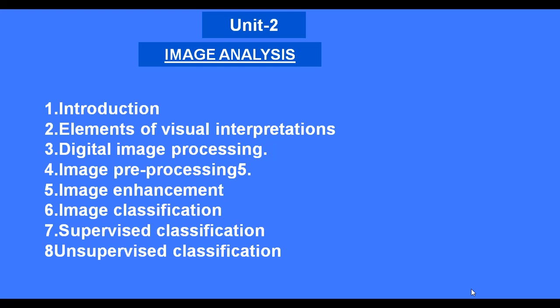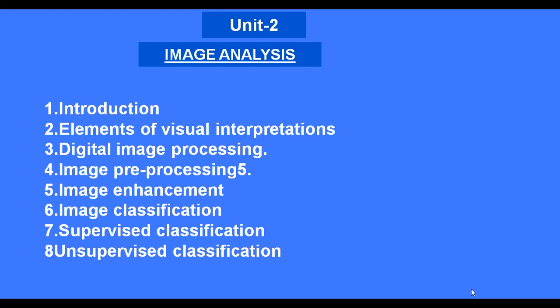In this unit we are learning that before producing a satellite imagery, they use some image processing techniques. So how is the raw data that reaches the processing station converted to satellite imagery, and then how do we interpret the features on the satellite imagery?